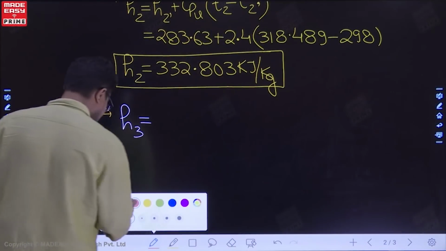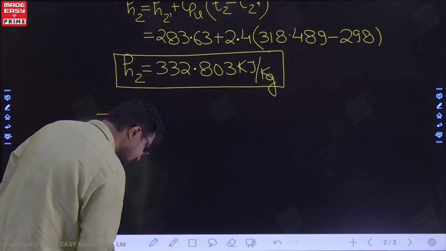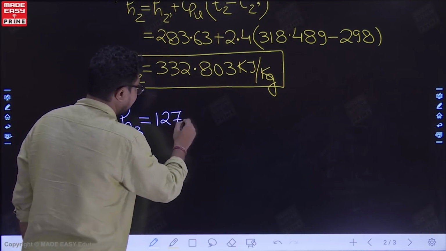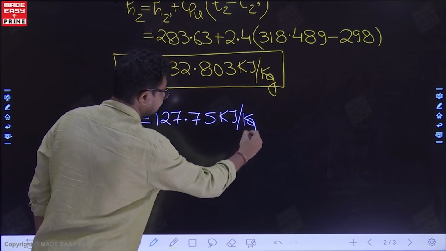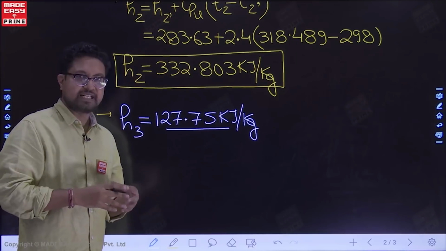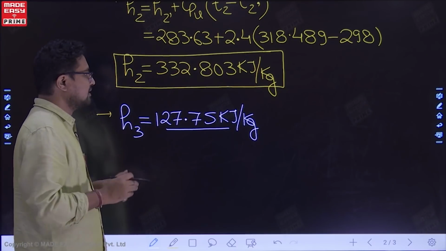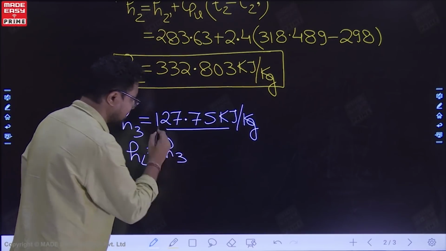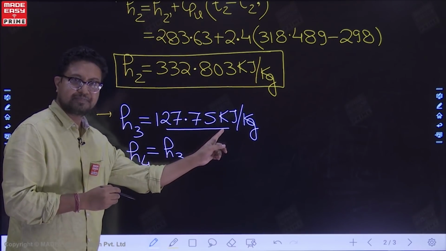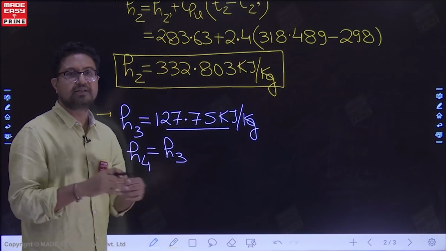H3 now is known to be 127.75 kilojoule per kg. Now H4 is also equal to H3, which is equal to this. So we know enthalpy at all the points.